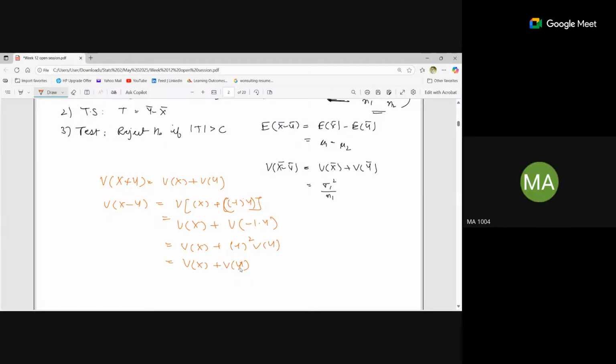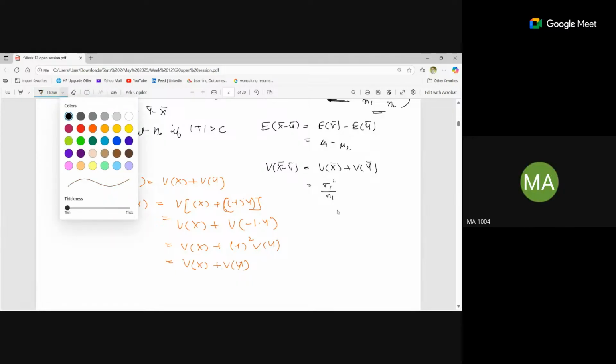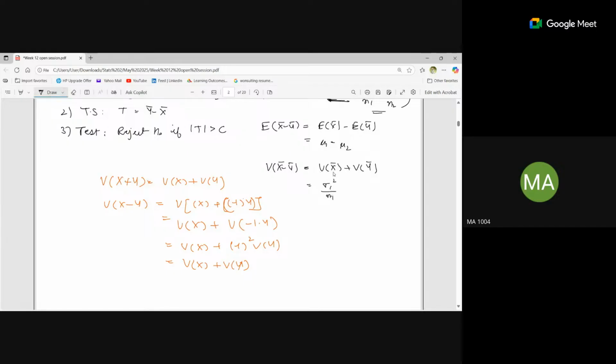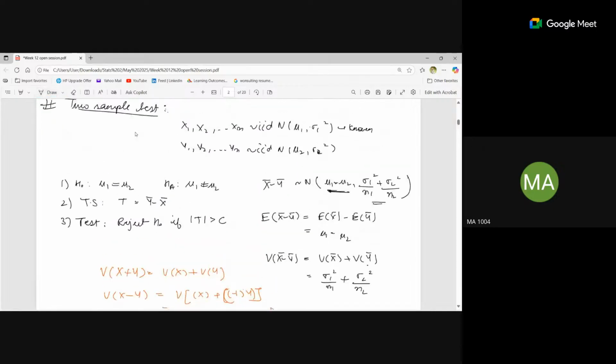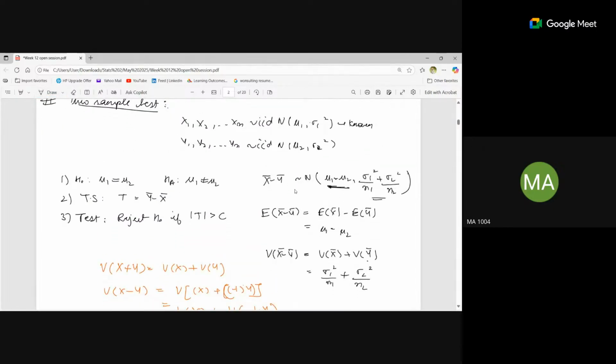Yes, ma'am. So now here, this is the variance of x bar plus the variance of y bar. So this is sigma 1 square divided by n1 plus, what is the variance of y bar? Sigma 2 square by n2. Now you got the point? My x bar minus y bar will be following a normal distribution with mean mu1 minus mu2, and this will be my variance.